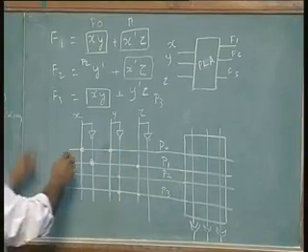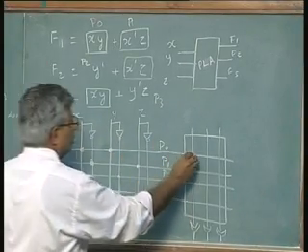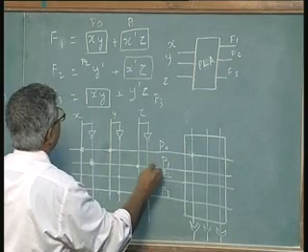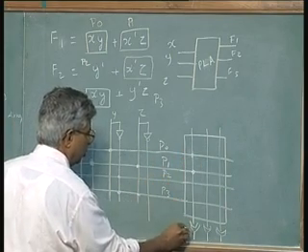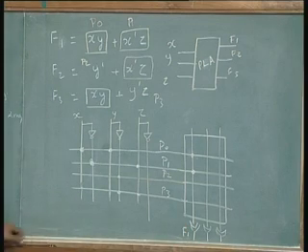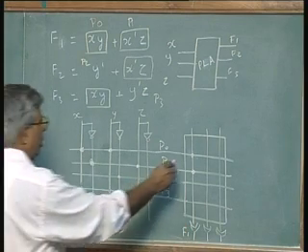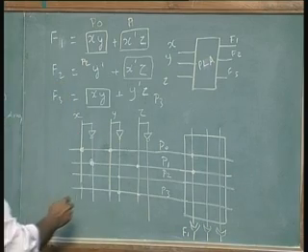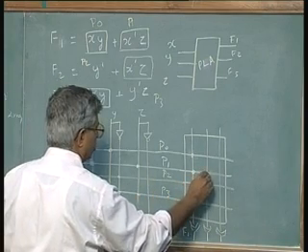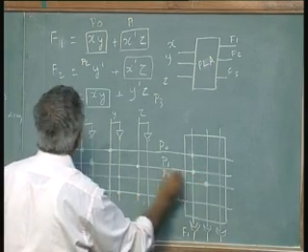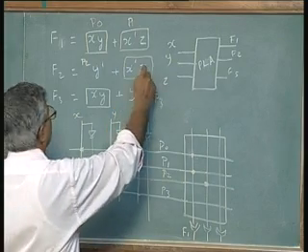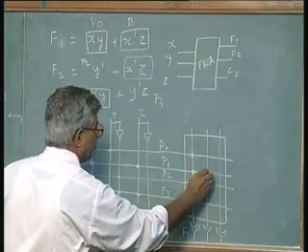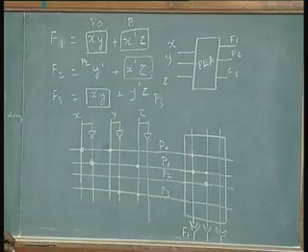First F1 is P0 or P1, this is my F1. Second term F2 would be P2, and this is same as P1, or P2.